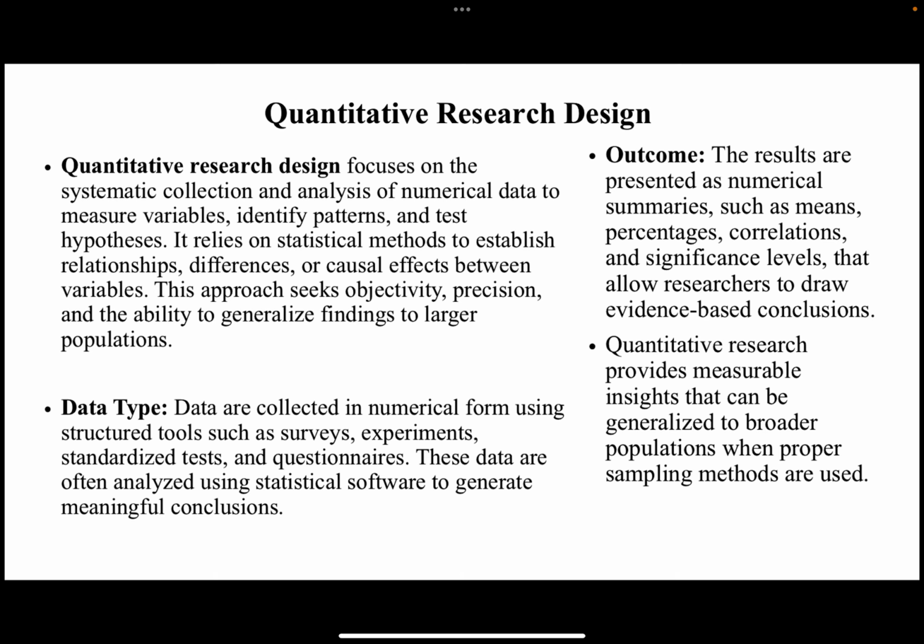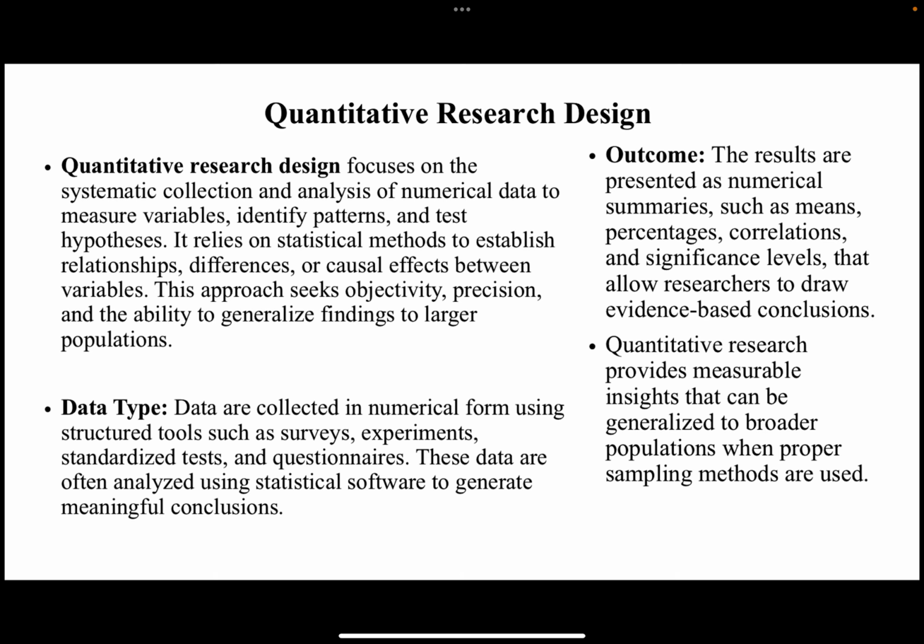So what that means is that if you have someone's project work, the instruments that were used can give you an idea of the kind of design used in the study. If I tell you that I've conducted a study, and the data collection instrument I used was a questionnaire, where I asked questions and gave options, automatically that should tell you the design I used is a quantitative research design.